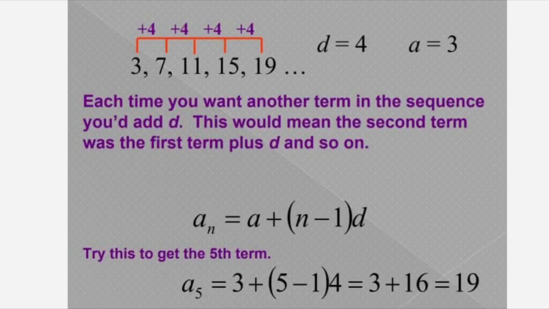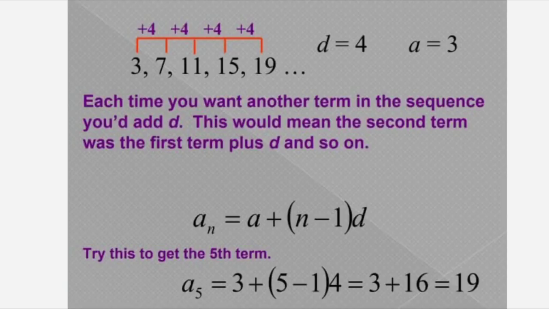Let us write the formula for the nth term. An is equal to A plus n minus 1 into D. Let us use this formula to find the fifth term. Now let us replace n by 5 in this formula. Now the left hand side is An. When I replace n by 5, my left hand side becomes A5.